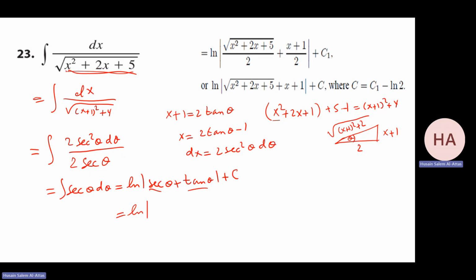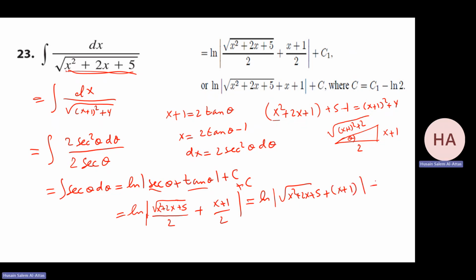Secant is hypotenuse, which is x squared plus 2x plus 5 over adjacent over 2. What is tan? It will be opposite over adjacent. I can do the same trick with this over 2. So I can make it ln. This is plus c. I can take it with the c. So I have ln square root x squared plus 2x plus 5 plus x plus 1 plus another c.